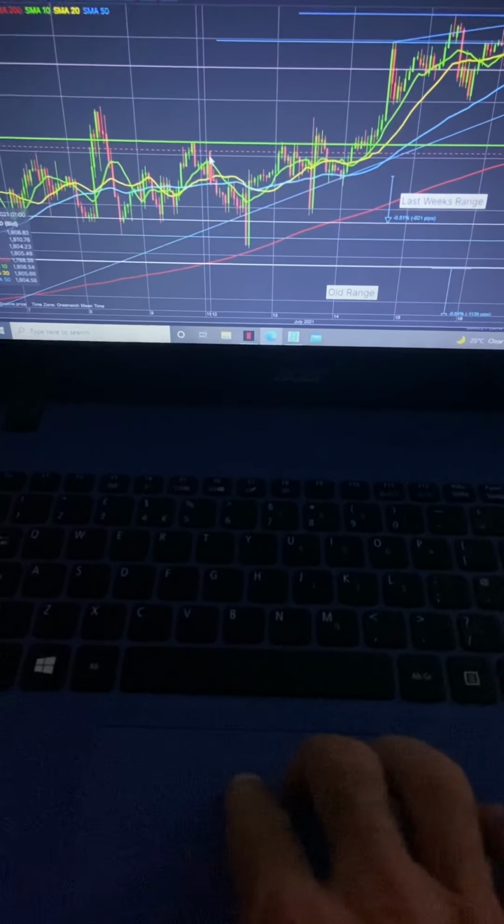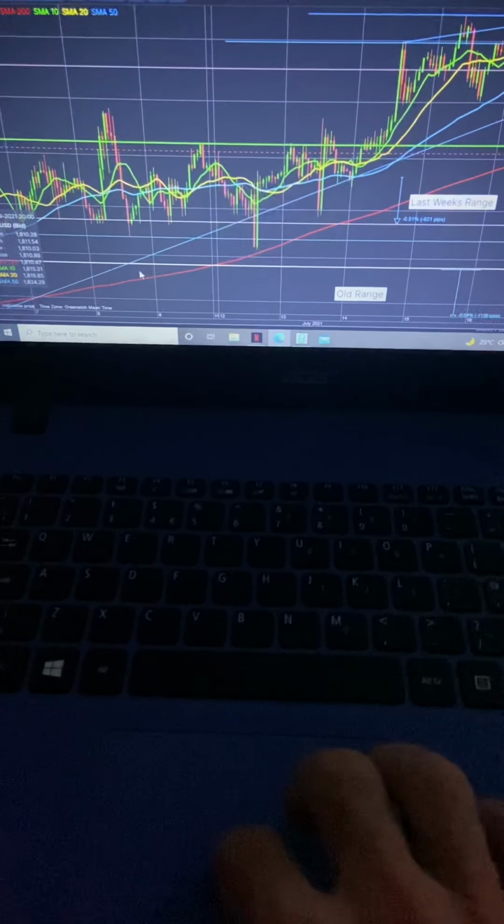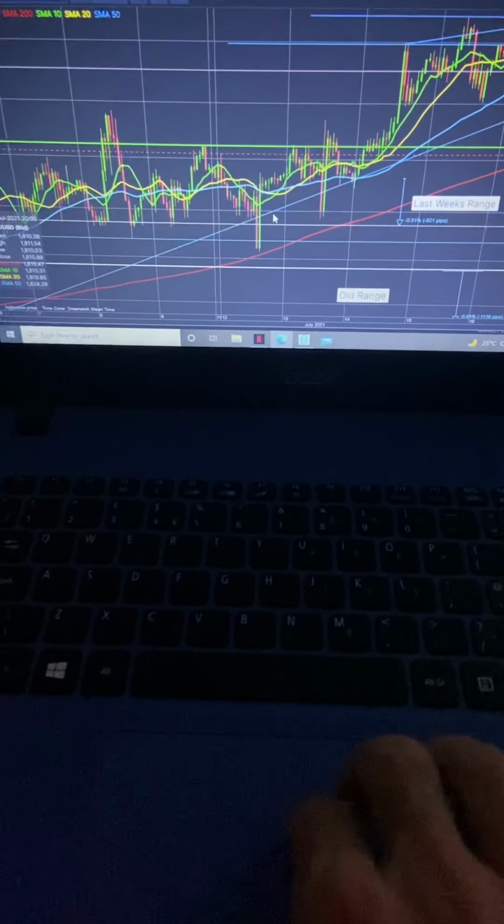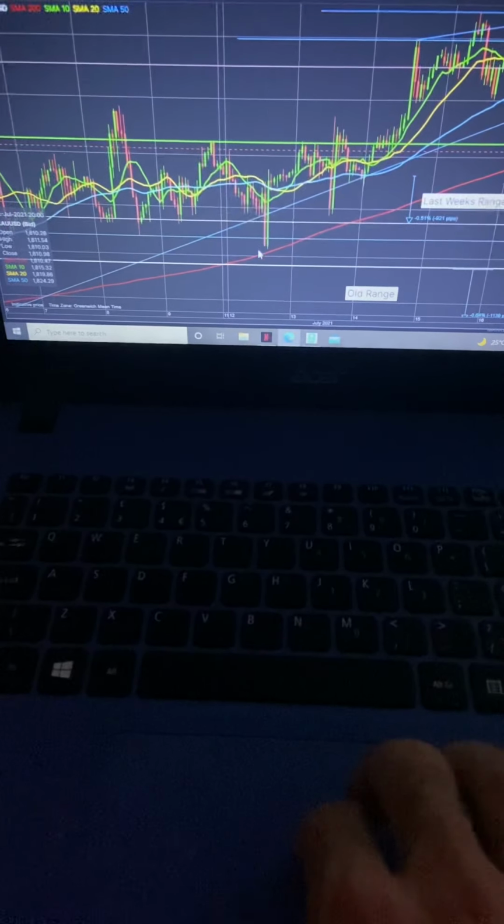So as you can see, we start off by Sunday, Monday, we come down, we get to the bottom of our range here, but we also get to this rising trend line, which has been used as support for the last 2 weeks. And a combination of the both there, look, once, twice, and we get into that strong area. We've got a 200-day moving average here as well, very strong area here for support.